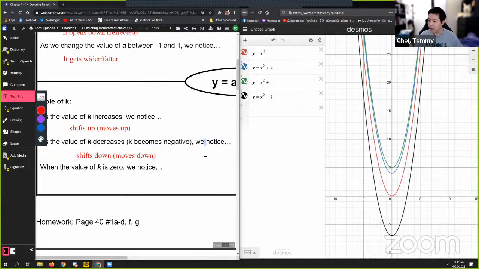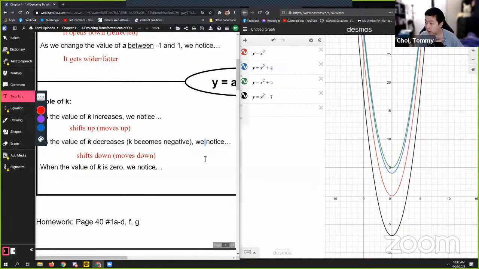It's like the easiest one of the 3, right? If k is positive, it moves up. If k is negative, it moves down. Very simple, very easy to break down and understand. And Devon is saying the technical term, to be more specific, absolutely. He DM'd it to me though, so you guys can't see it.